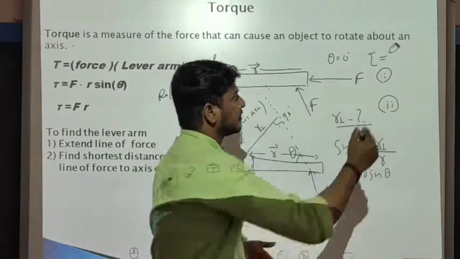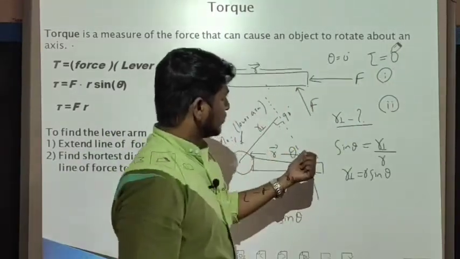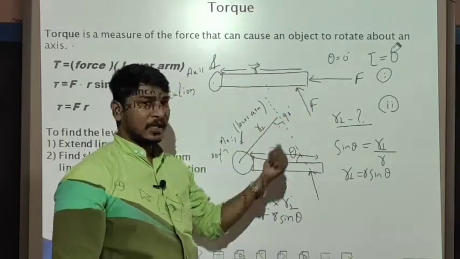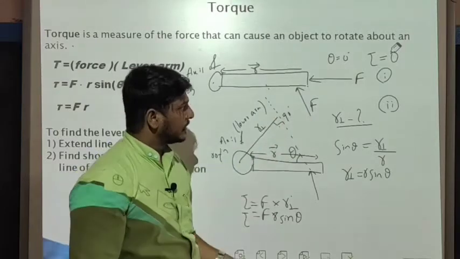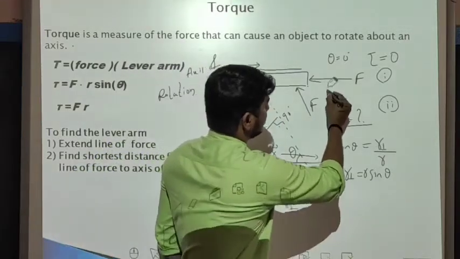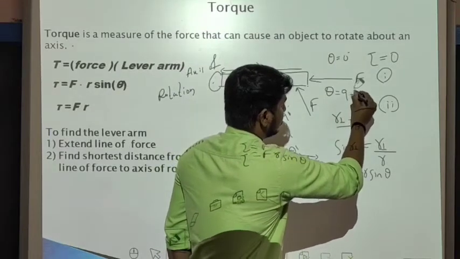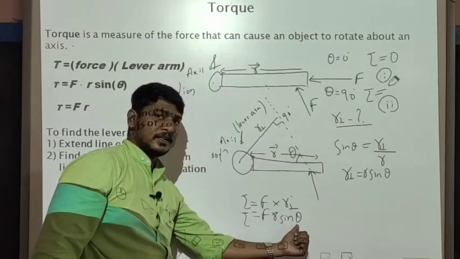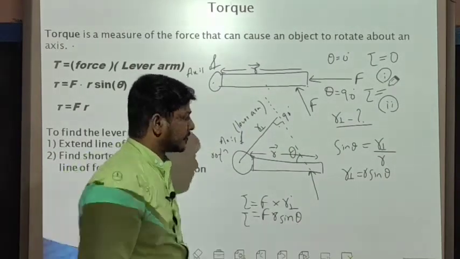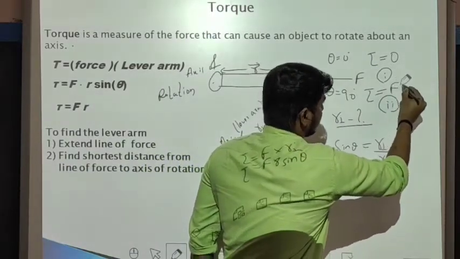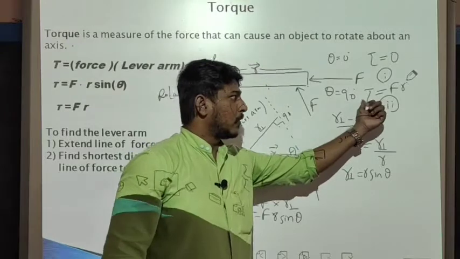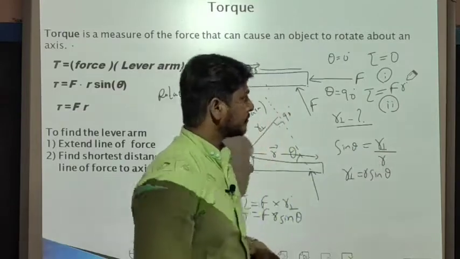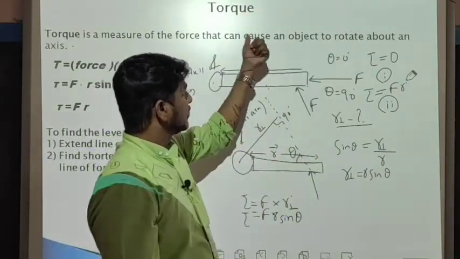For the second case, we have applied force perpendicular to the distance vector, that is the angle between them is theta equal to 90 degree. Then sine 90 is equal to 1, and the equation becomes tau is equal to F into R. Torque depends on force and distance vector R.